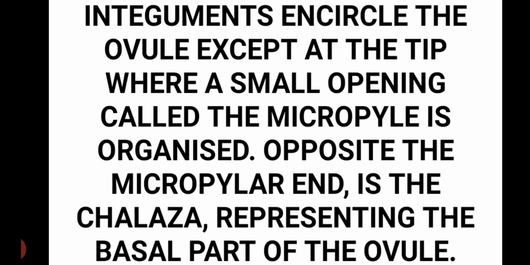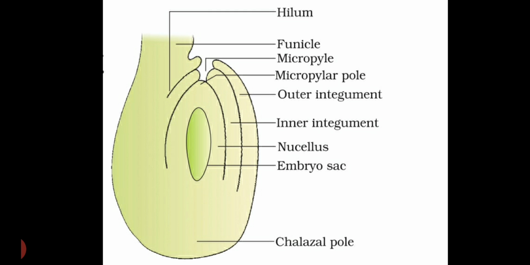That portion is known as the micropylar region, and this is the top portion of the ovule. Opposite to the micropyle, we have the chalazal region, and that chalaza represents the basal part of the ovule. So in this diagram, we can easily understand.